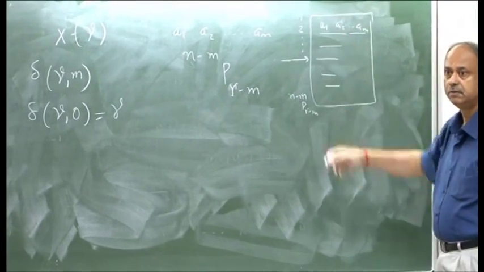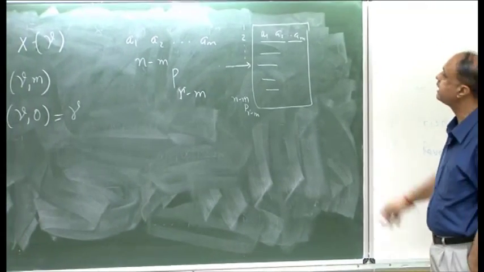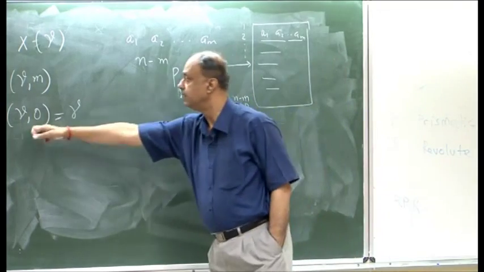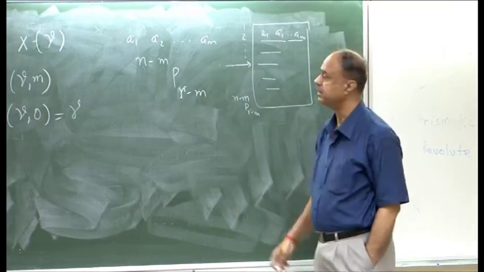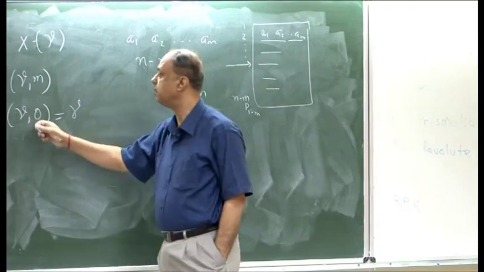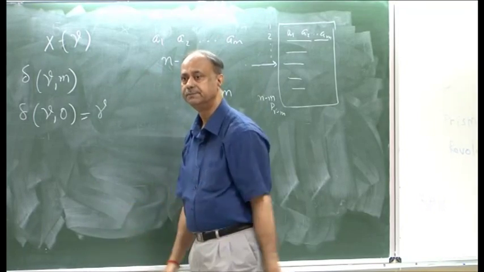And the rank of x gamma in this table is delta gamma m. And obviously delta gamma 0, when m equals 0 and nothing has been done, the initial position is gamma.